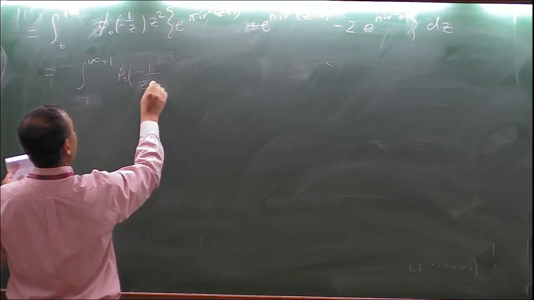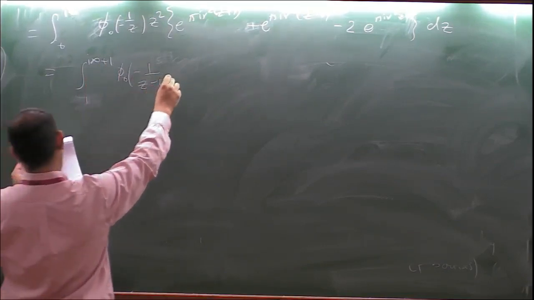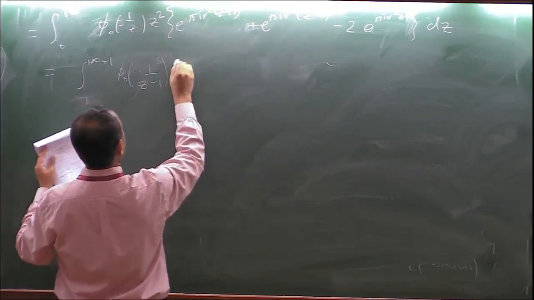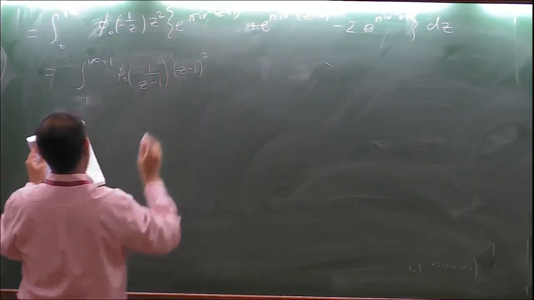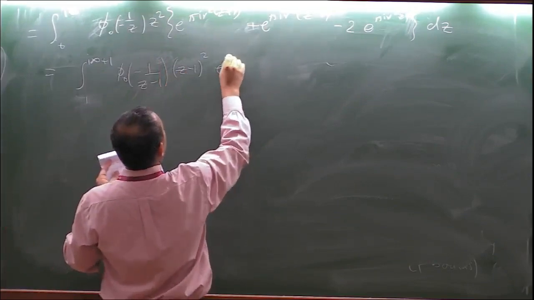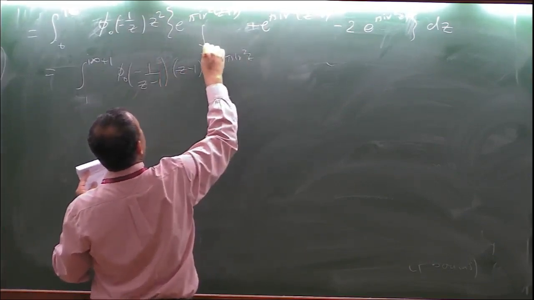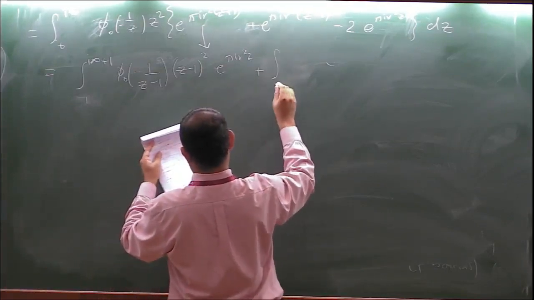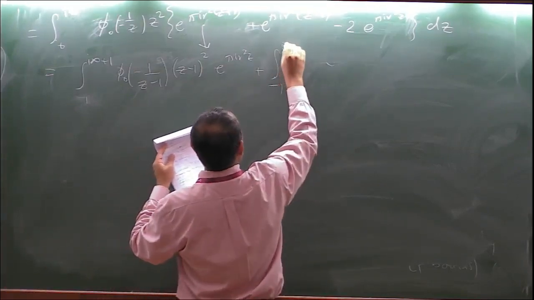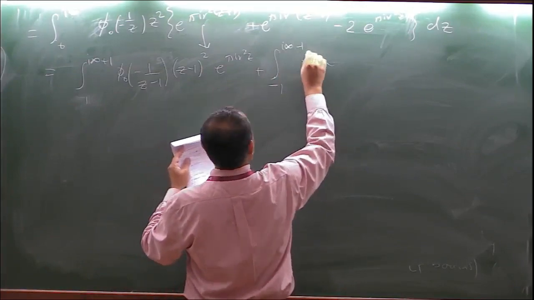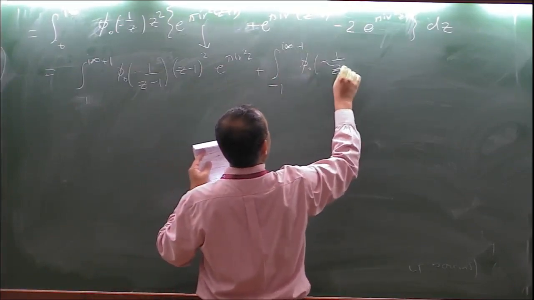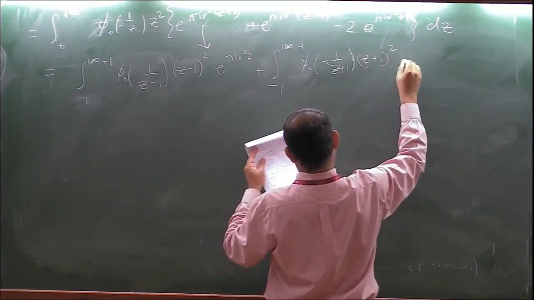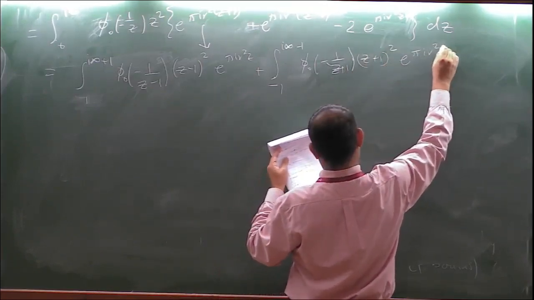I'm relabeling z prime to z in the same step. Sorry, this is sort of 2 steps combined into 1, but I'm sure it won't confuse people too much. e^(πi r² z). That's what the first term gives you. And then the second gives you the integral from -1 to i infinity minus 1 of φ0 of -1/(z+1), (z+1) squared, e^(πi r² z) dz.